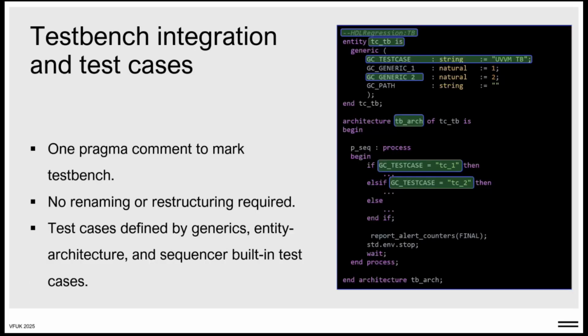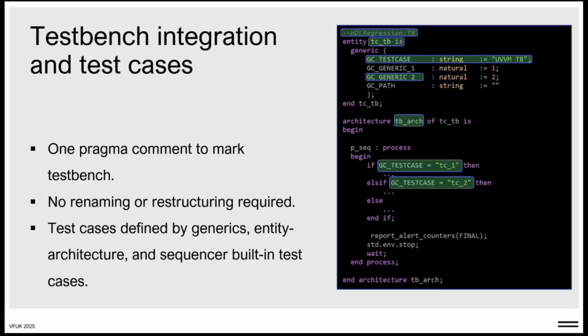Now, a test case is typically a sequence controlled by a test sequencer. It may test one or several functions or requirements in a logical flow. And HDLRegression needs a pragma to recognize a test bench, and there are no naming rules or other requirements.